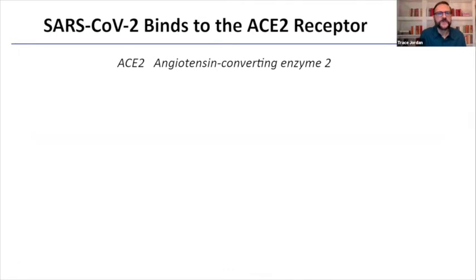ACE2 stands for angiotensin converting enzyme 2. This is an important enzyme in human health. It has a variety of functions, including regulating blood pressure. And what the virus does is it co-opts this enzyme and uses it as an entry point to attach to human cells.